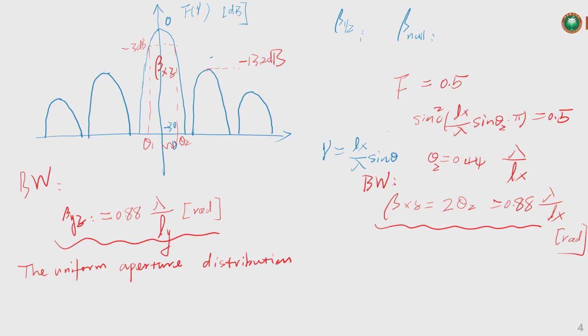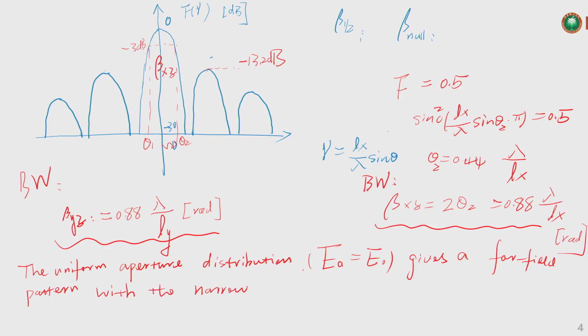For the uniform aperture distribution, that means over the aperture, its electric field is a constant across the aperture, which gives a far field pattern with the narrowest possible beam width. Narrowest possible beam width. Why?